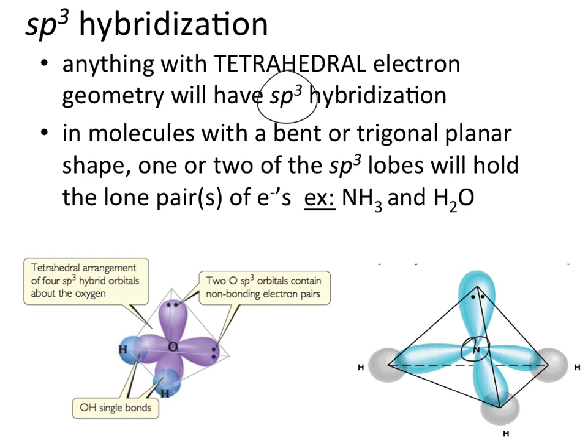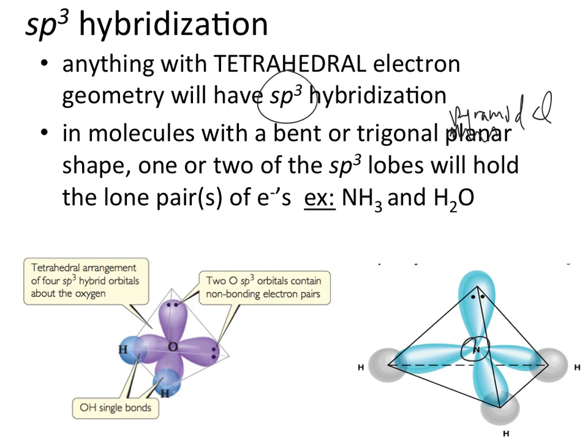Okay, so it doesn't matter if your molecule is bent or trigonal pyramidal in shape. In those situations, 1 or 2 of your sp3 orbitals is actually going to hold a lone pair.